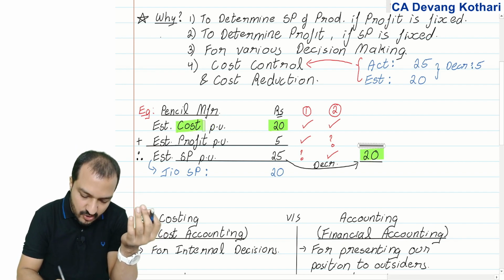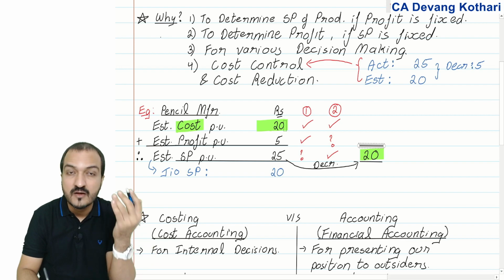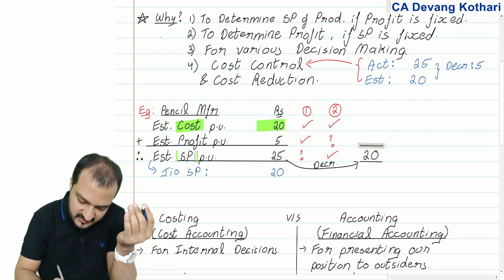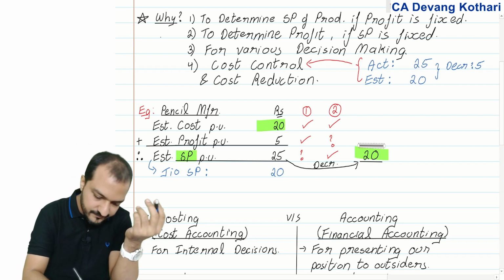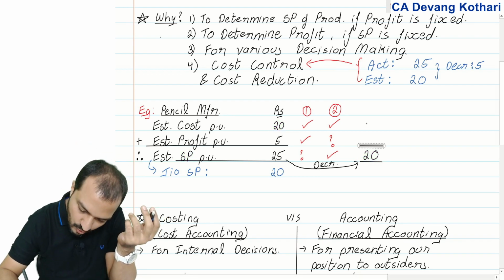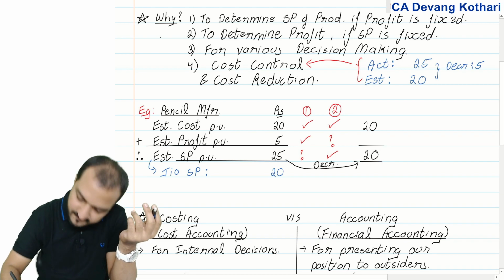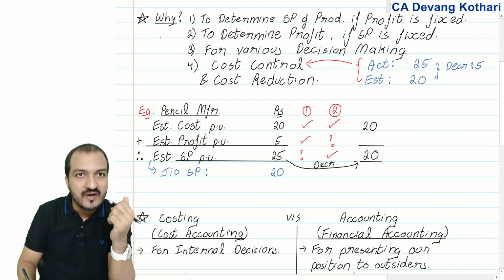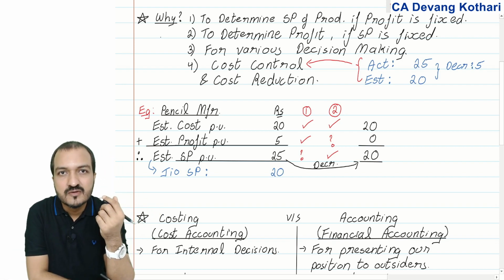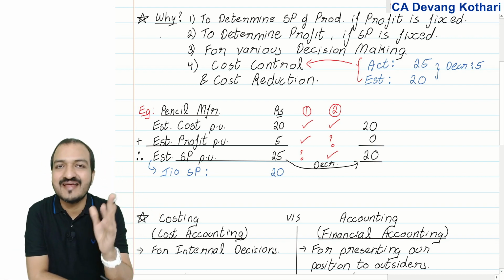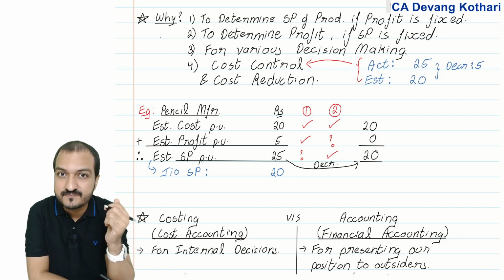If my existing cost itself is 20, then can I afford to sell at 20? No. What will happen if my cost remains 20 and selling price is also 20? I will get zero profit, probably even losses, right?